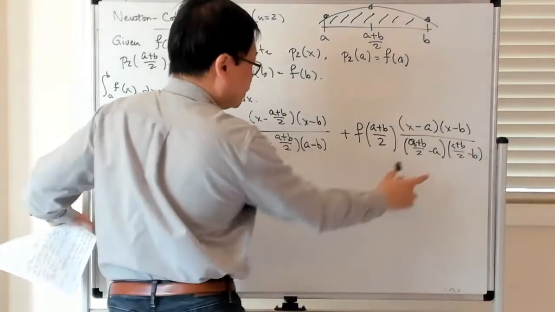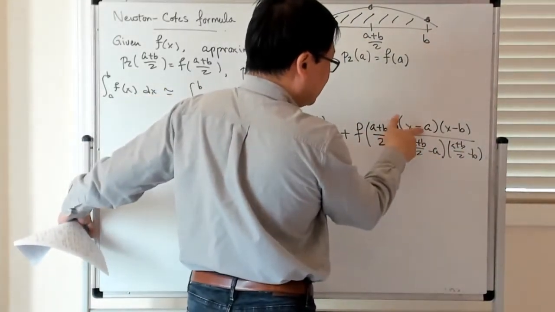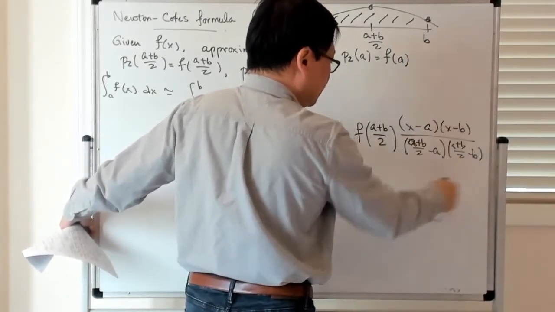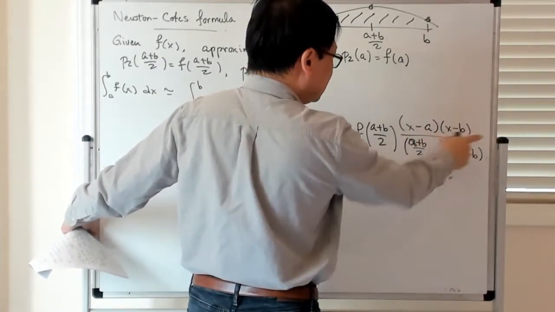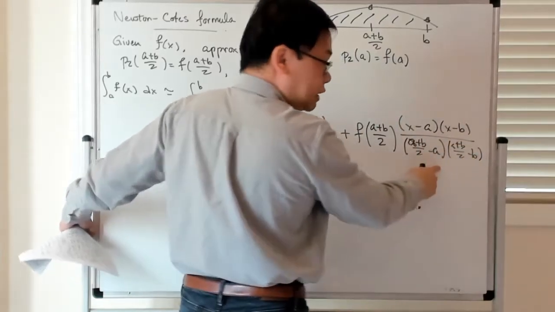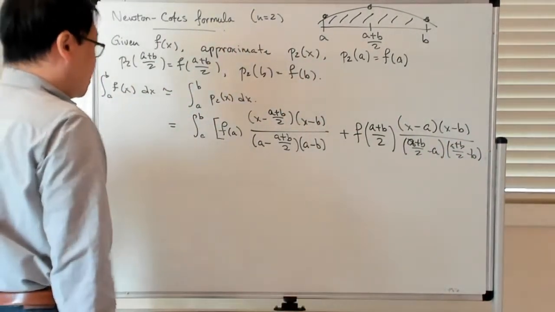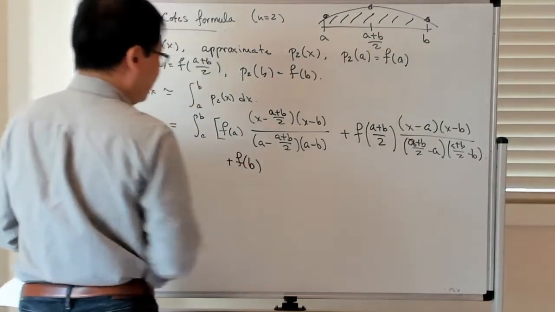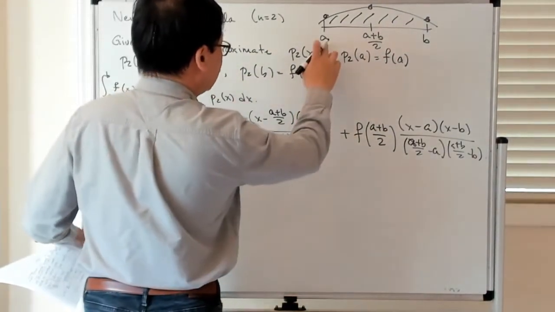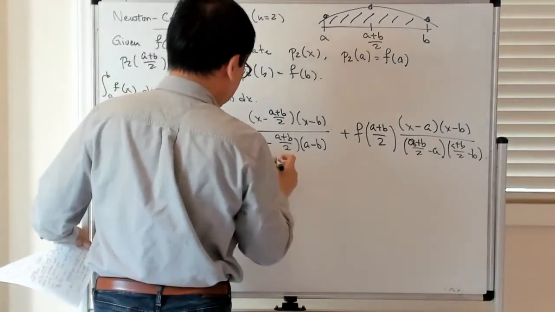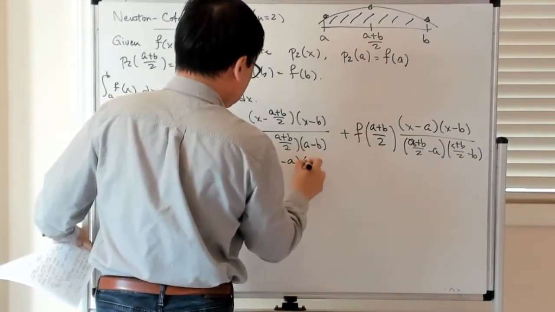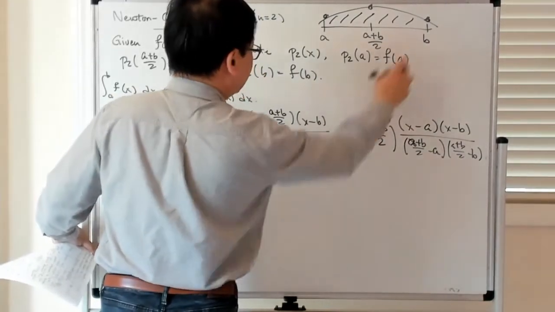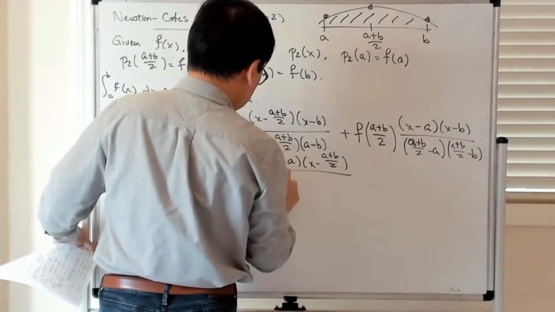Again, you can convince yourself easily that it vanishes at a and at b, and at the point a plus b over 2 this evaluates to 1 because I've normalized the numerator by the denominator. You have the same thing for f at b. Now it has to vanish at a and a plus b over 2, and it has to evaluate to 1 at b.